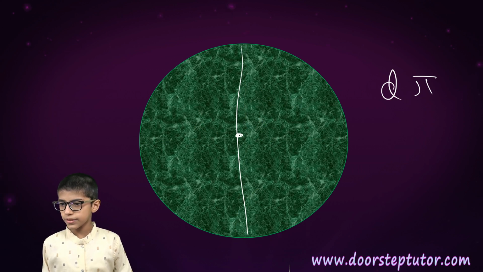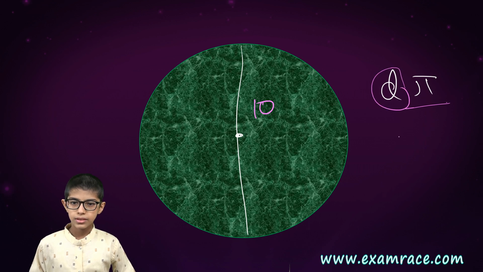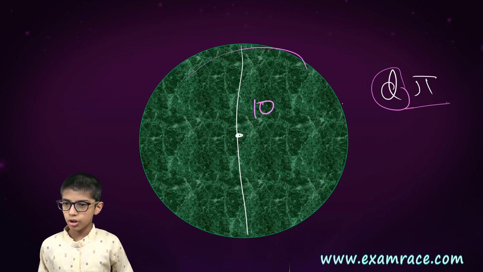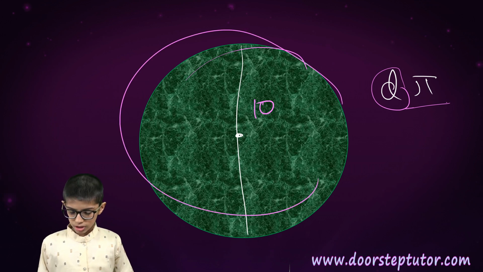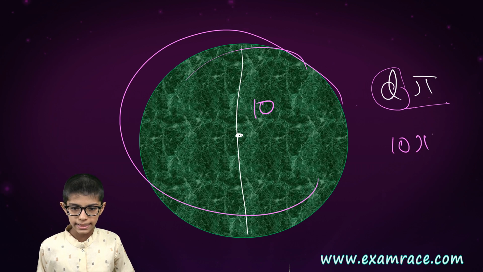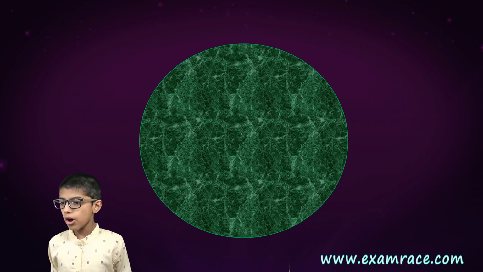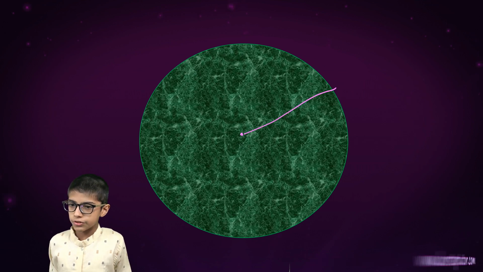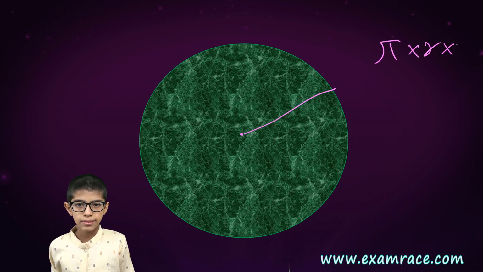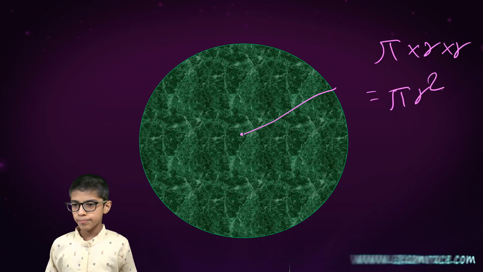Like this, if the diameter is given as 10, then the circumference or the boundary perimeter will be pi into d, 10 into pi. Now, if I want the area of the circle, what is it? Pi multiplied by r multiplied by r, which gives us pi r square.